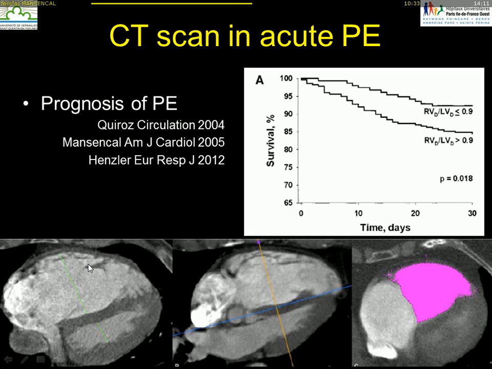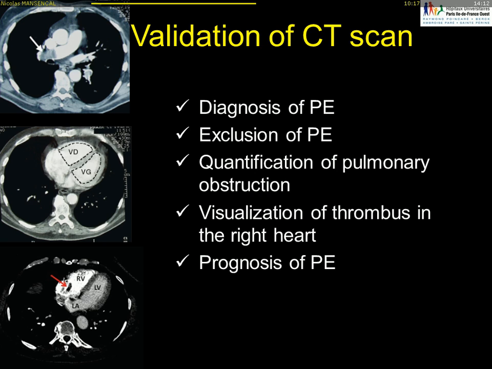You can use the ratio between this diameter and this one, the right to left diameter ratio, or you can also use the right to left area ratio. So, CT scan is validated for the diagnosis of PE, for the exclusion of PE, for the quantification of obstruction, for the visualization of thrombus, and also for the prognosis of our patients.